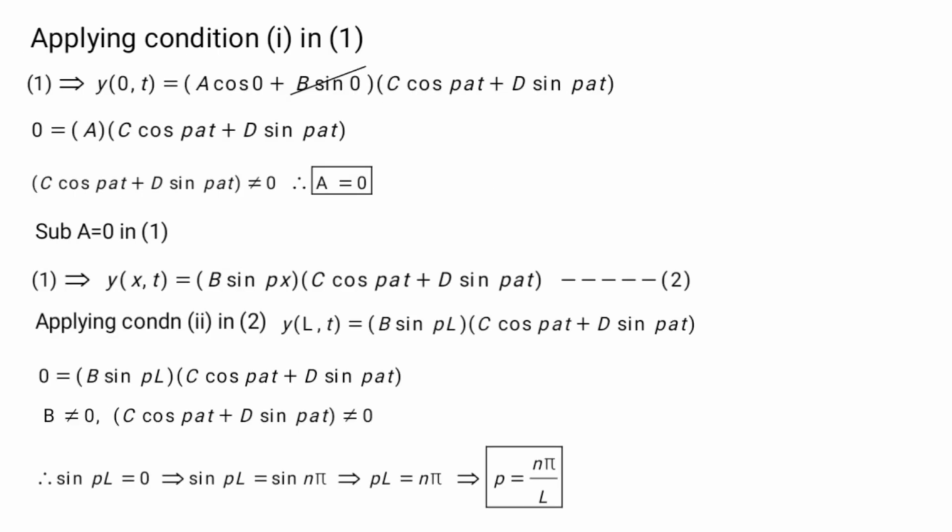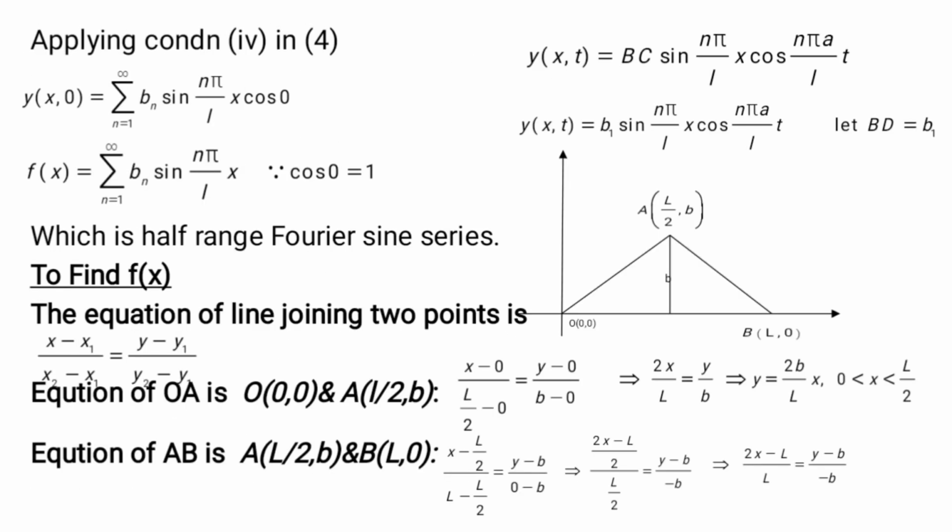So, to draw the triangle form, here one string is given. The string is displaced transversely through the distance B at the midpoint, L by 2. So the point 0 comma 0 is the origin, the midpoint is L by 2 comma B, and the end is L comma 0.